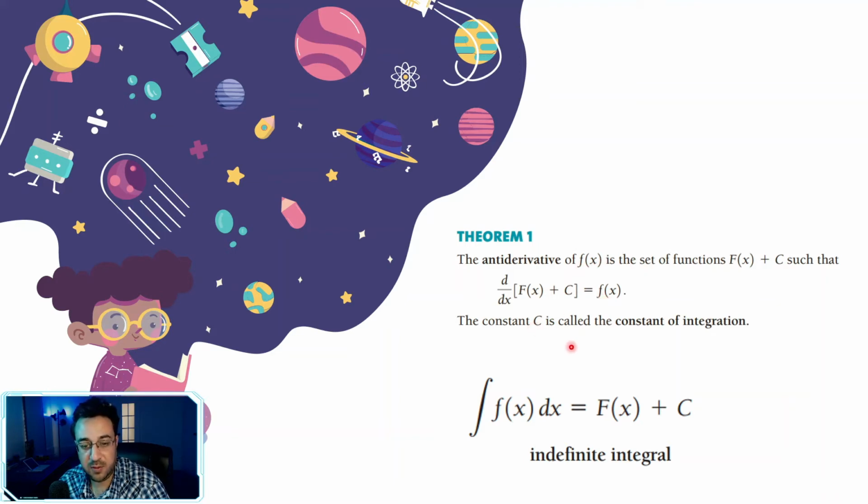The constant c here, we call the constant of integration. Usually when you do integration, you will end up with the basic function before it was derived, plus a constant, which is the constant of integration. So you can see here, the integration of the function f of x dx equals F of x plus c. You can see small f here and capital F here.